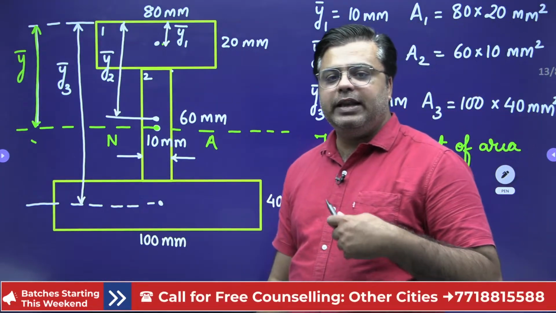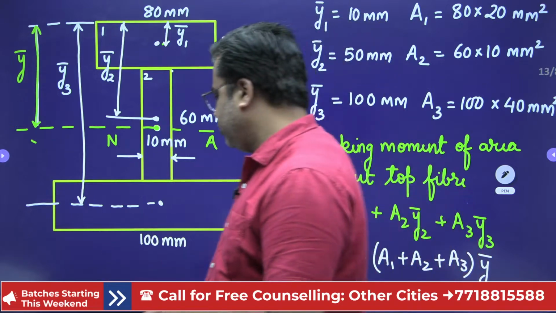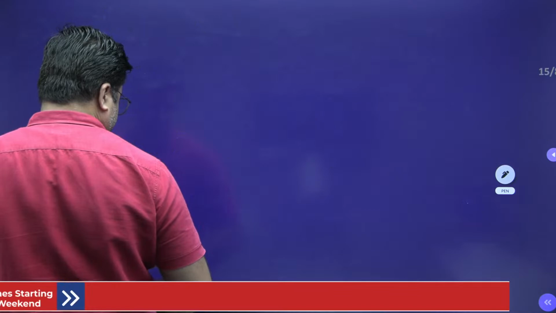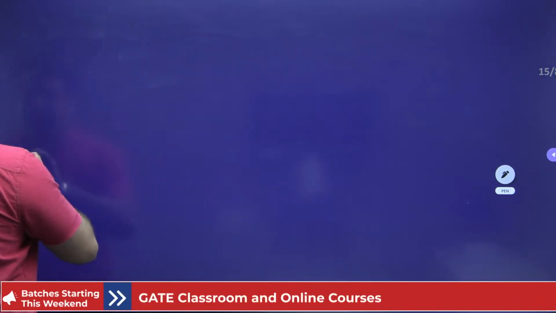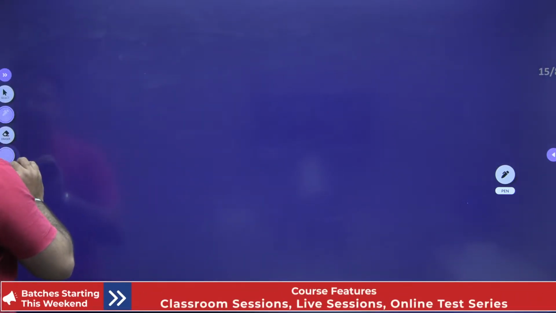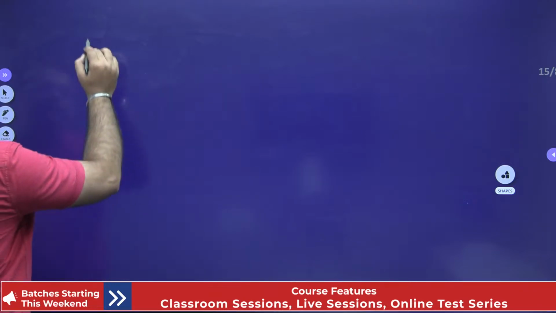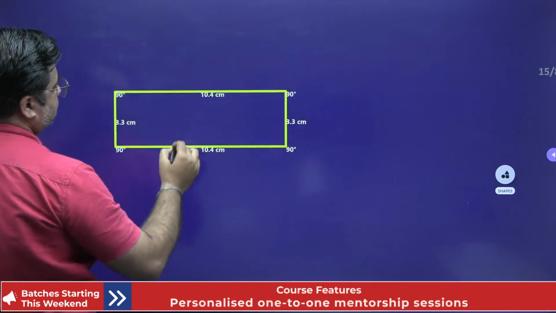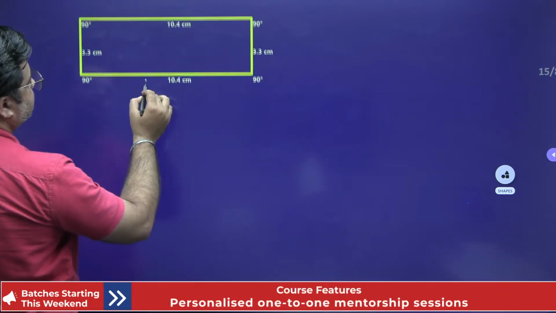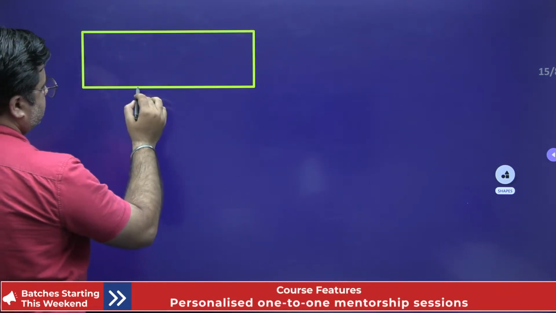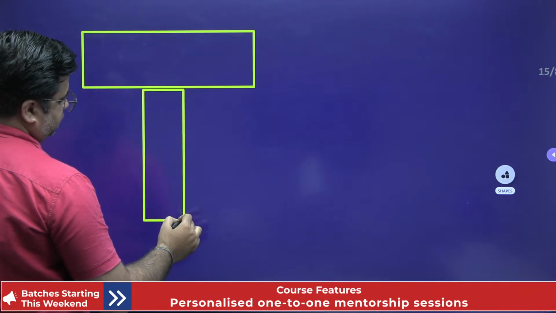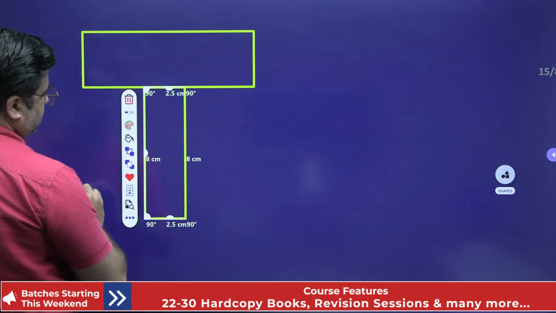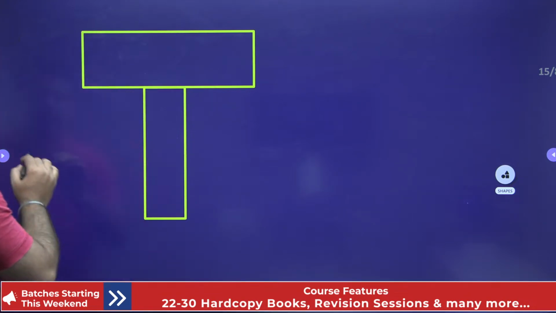For suppose any T section is given to you, you need to calculate the position of neutral axis for this T section.